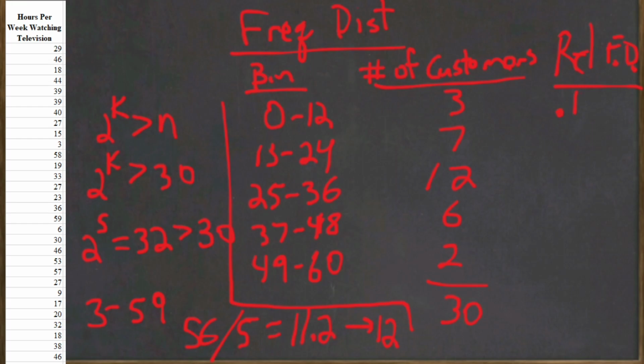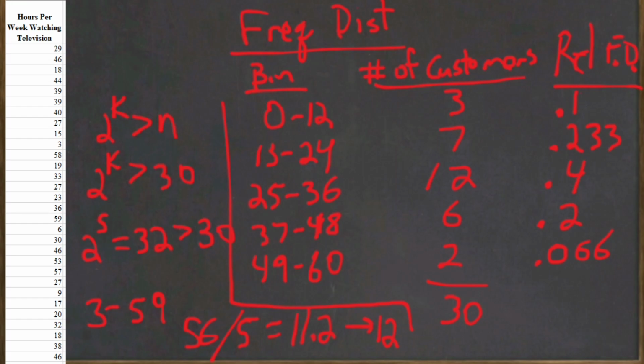This is going to be 0.233. This is going to be 0.4, 0.2, and 0.066, if I haven't messed up the math. And so we can quickly glance and say, 40% of the customers watch between 25 and 36 hours of television per week.